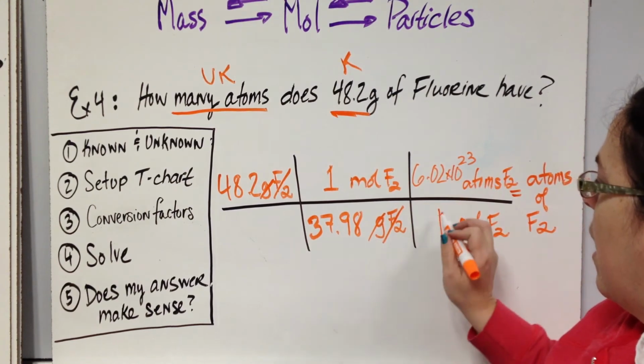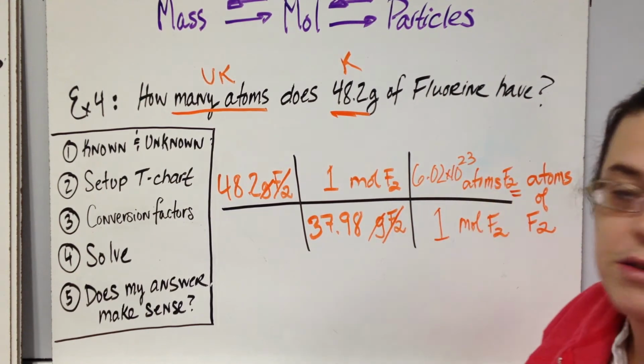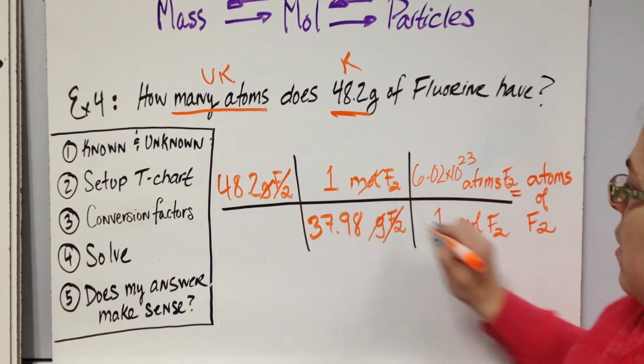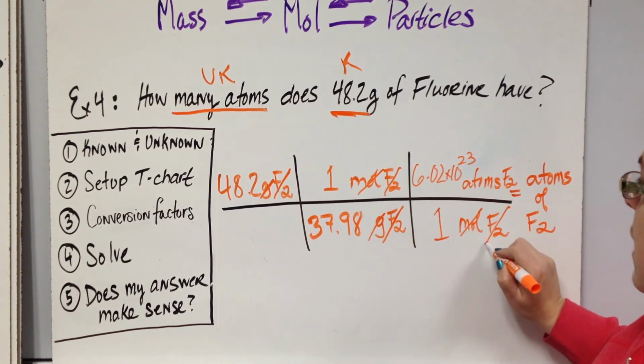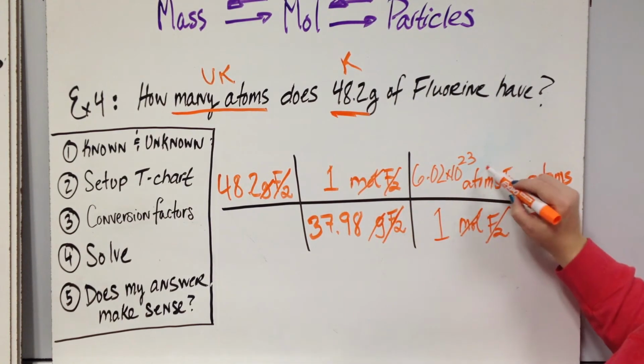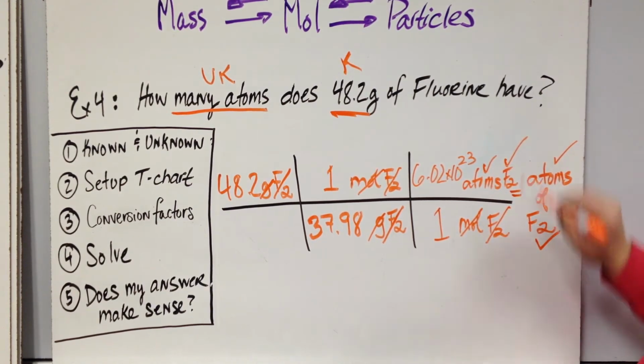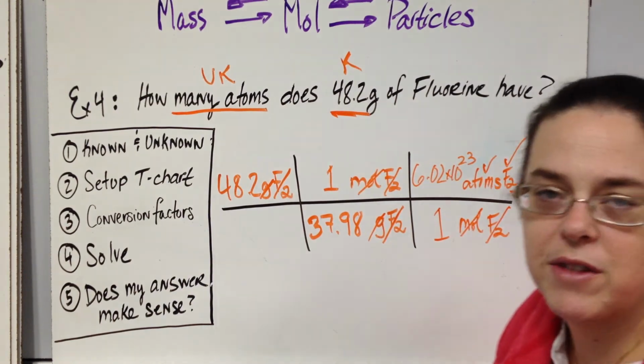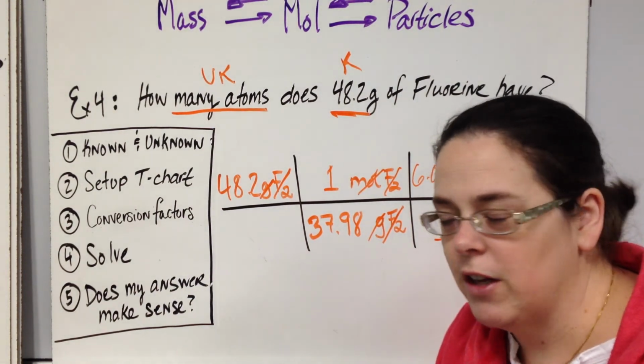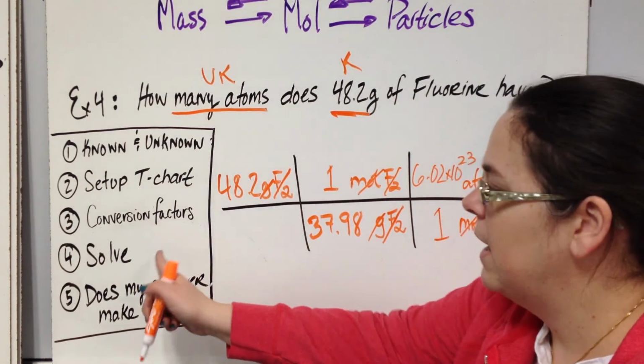So I can plug those in, moles cancel, F2 cancels, and I'm left with atoms of F2, which I want. I have set up my problem. I haven't quite solved it yet, but now I can solve.